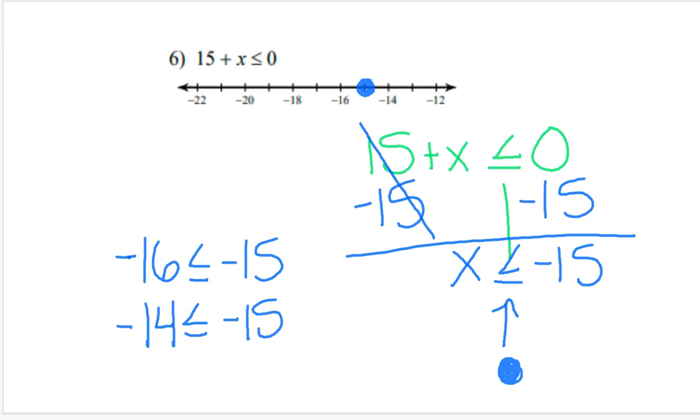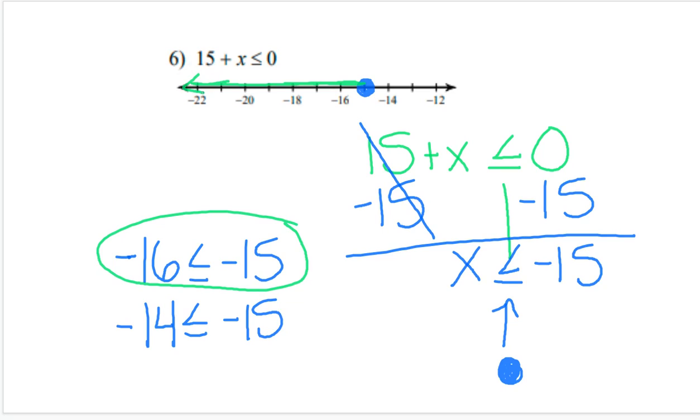The bigger the negative number, the smaller it is. So that would mean that negative 16 would be less than or equal to negative 15. So I'm going to shade in my number line to the left. So that is what it would look like.